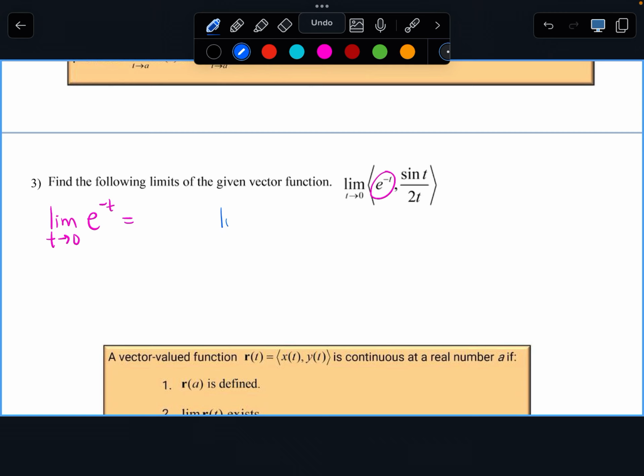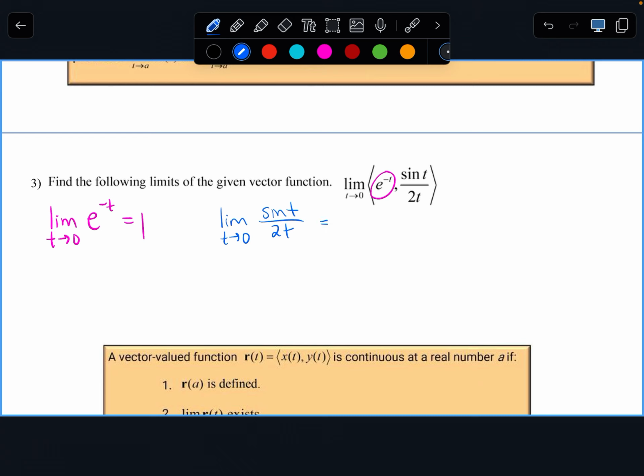And then for this one, this limit you can solve a couple different ways. I'll show you both.